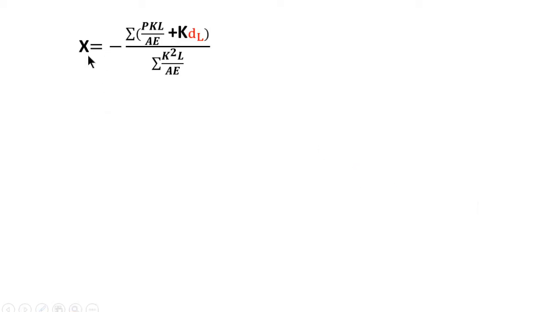Previously we have seen in the slide that x is equal to minus sigma PKL plus the K into DL. We know here that PKL by AE is 0, that is why the remaining is x equal to minus summation K DL by summation K square L by AE.